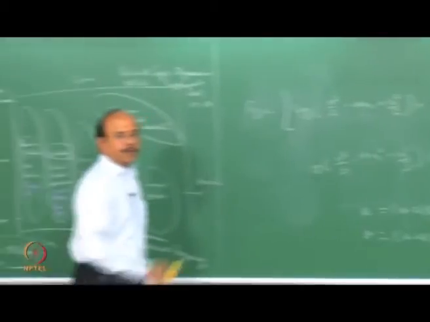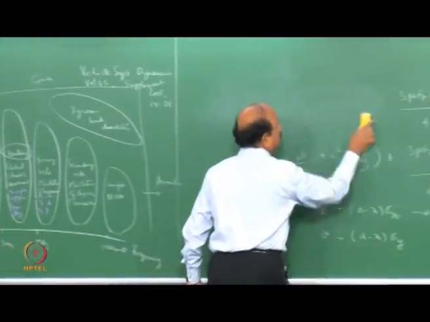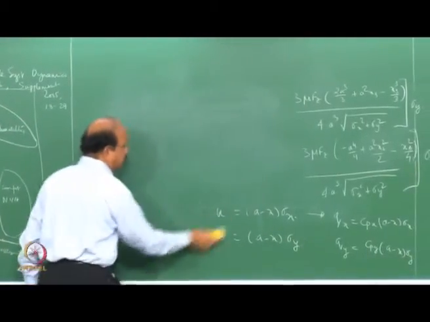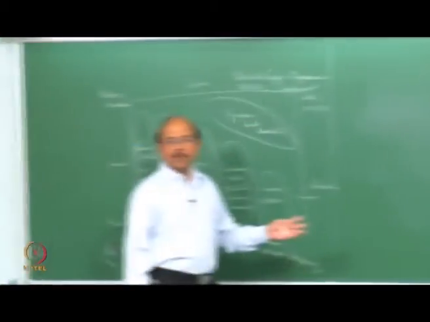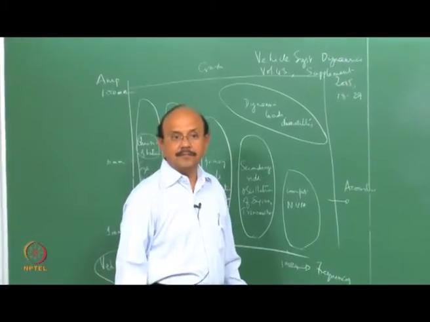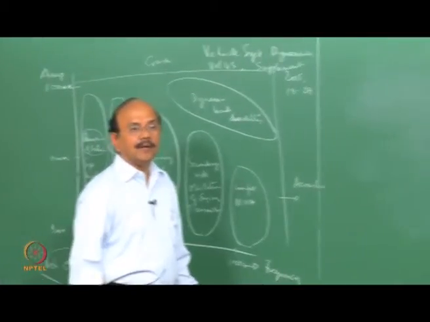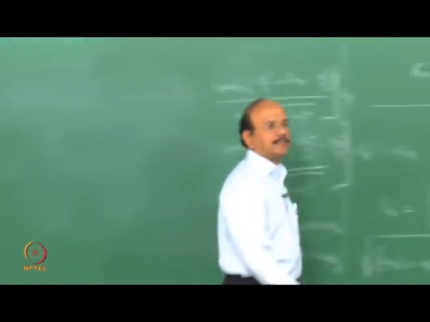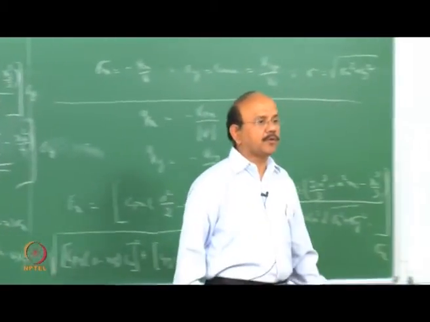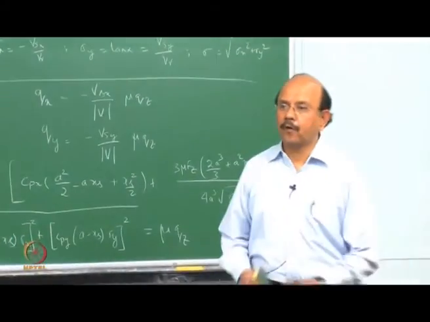Fine. Now we know that a combined slip is more dangerous because whatever lateral force that's required is not given. It becomes dramatic in the case of motorcycles. It gives rise to what is called a high side fall.